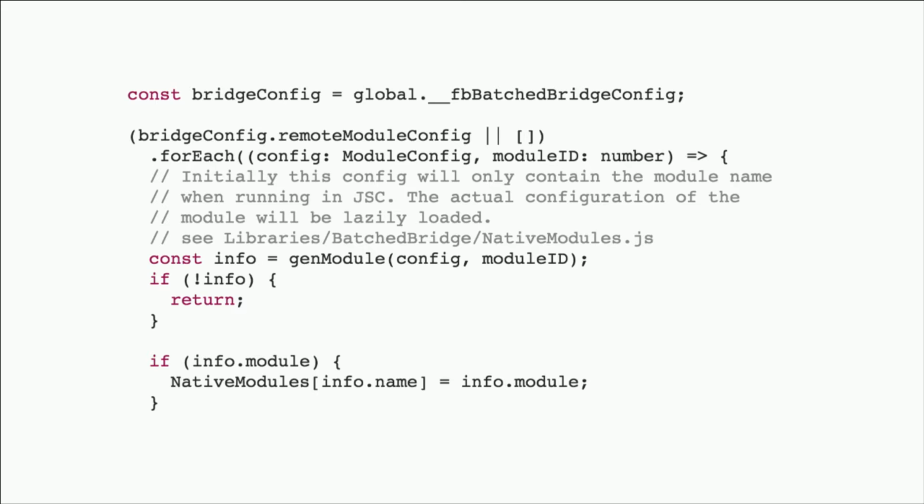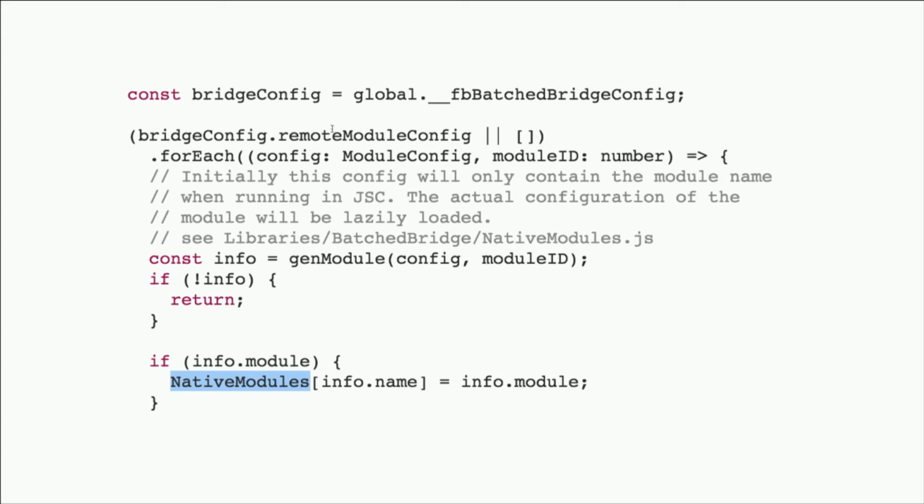As I said, we have a global variable called __fbBatchedBridgeConfig, and it's assigned to the global context, so it can be accessed like any global variable, basically. So we have this array of configuration for the modules. We iterate over it, generate a JavaScript module that can be invoked from JavaScript, and register it at NativeModules. So right here.